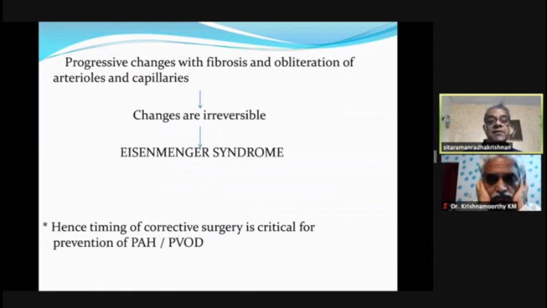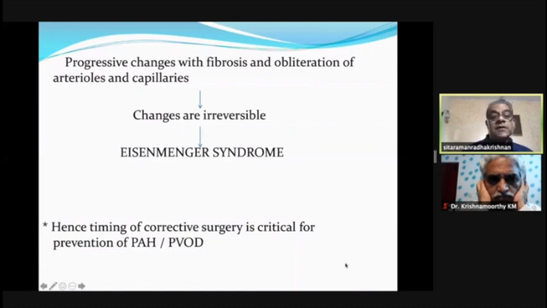But then subsequently, progressive changes start occurring with fibrosis and then obliterative changes in the arterioles and capillaries. These changes become irreversible, and finally, later in life, in the early adolescent and adult life, they go on to the full blown Eisenmenger syndrome.